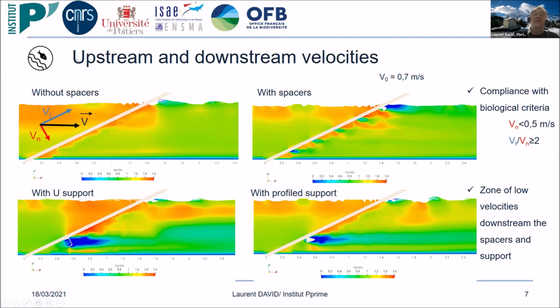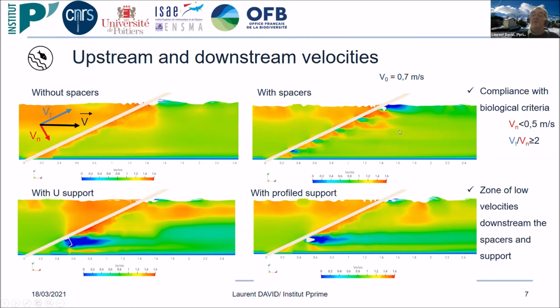And for this kind of result here, we compare with experimental result, but here I just present some flow modeling. Also, you have the flow field without spacer, with spacer on the right, with the U shape support and with the profile support. And you can see that all the transverse components affect a lot the downstream velocity.